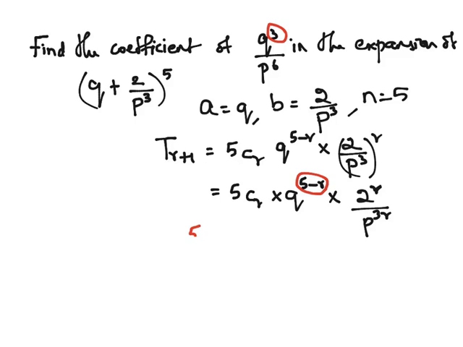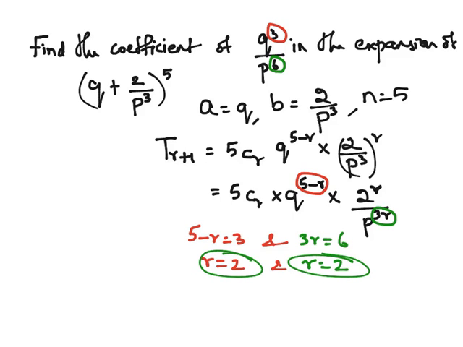So 5 minus r should be equal to 3, and this 3r that you see here should be equal to 6 because I need p power 6. So 3r equal to 6. So that gives me r equal to 2 and r equal to 2. So as you can see, both the values are same.